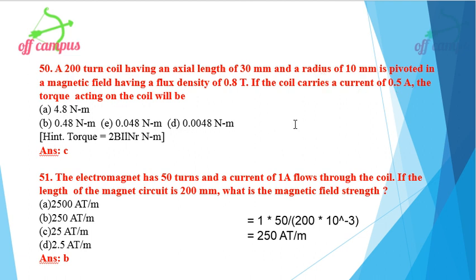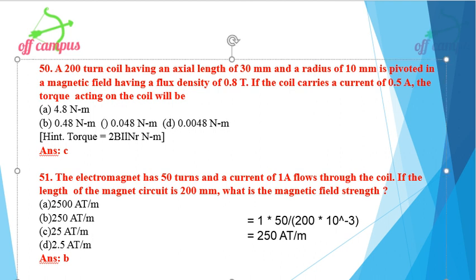We have each and every value in the question itself. Just substitute in this formula 2BILNR and multiply all these values into 2. We will get the answer as option B, I think, 0.048 Newton meter. Substitute and find out the answer.